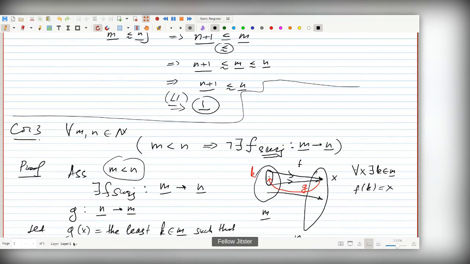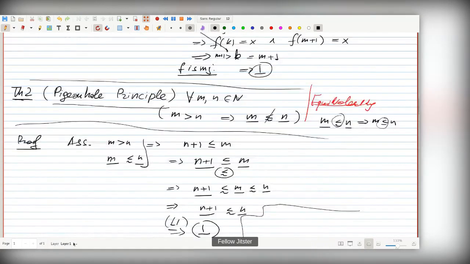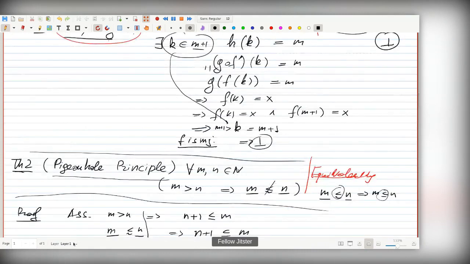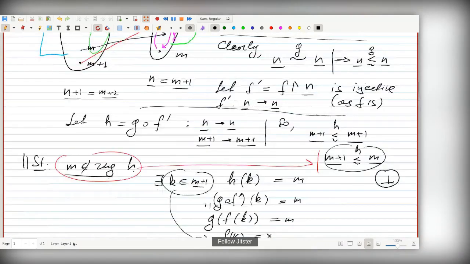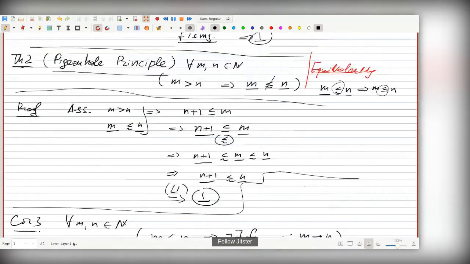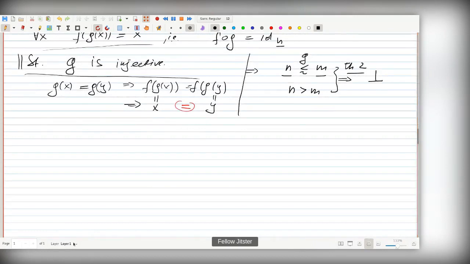So we have no surjection from a lesser set to a greater set, and we have no injection from a greater set to a lesser set. And these things give us another interesting corollary, which we will prove at our seminar class.